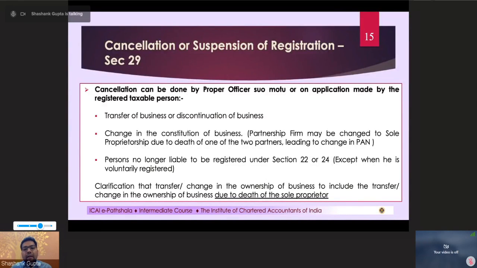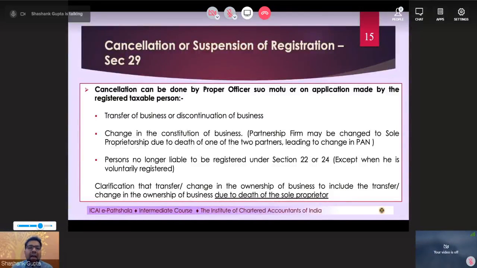Herein, one thing which has been clarified is that, like yesterday we had discussed in our ITC discussion, in case of merger, demerger, amalgamation, the ITC of the old business will stand transferred to the new business.